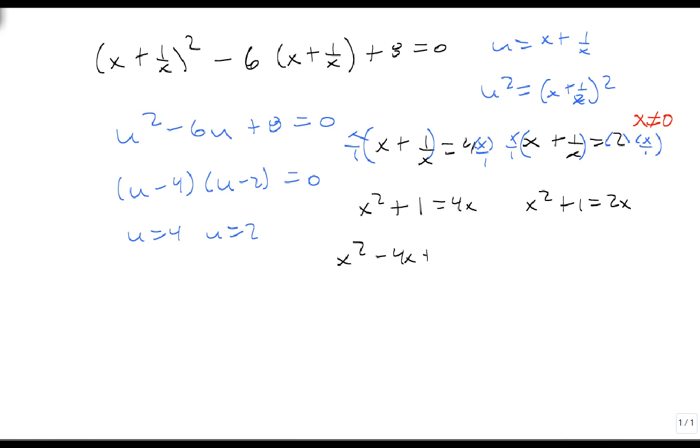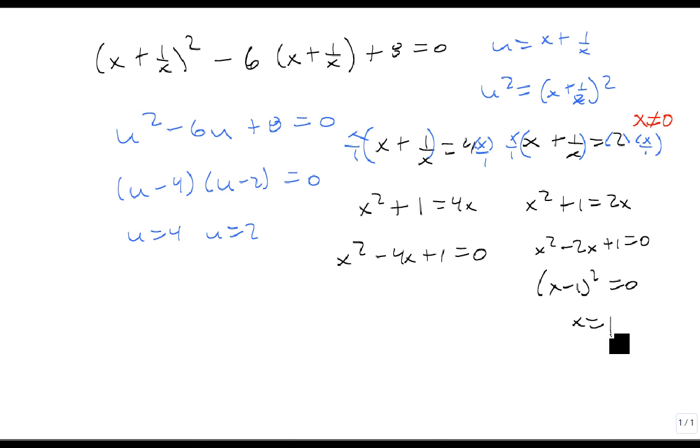So x squared minus 4x plus 1 equals 0, and x squared minus 2x plus 1 equals 0. This one factors as x minus 1 squared, so that tells me that x is 1. So 1 is a solution to this equation.